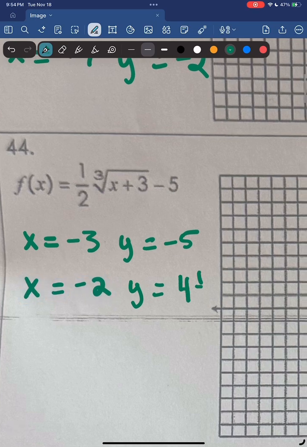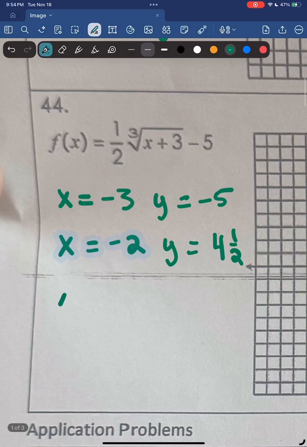Now, let's think about 8. We could plug in x equal to 5. That would give us 8, which means the cube root of 8 is 2, times 1/2 is 1, minus 5 is -4. Let's think of other easy ones. Let's do one more.